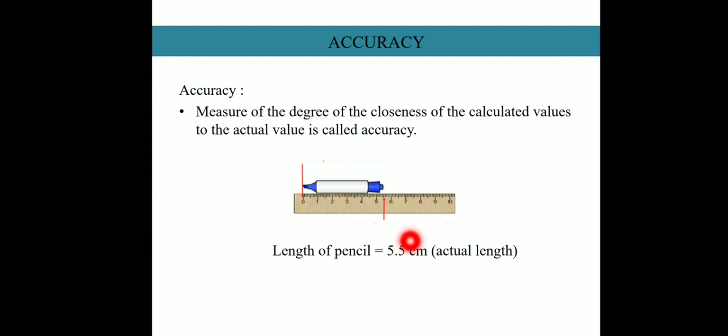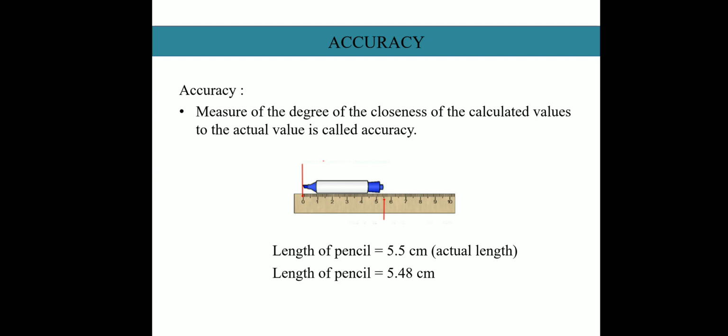Okay, so already many people have measured and they found out that the length of the pencil is 5.5 centimeter. Fine, but when we tried to measure it with the help of a scale, we measured the length of the pencil ourselves, and the measured length of the pencil we obtained as 5.48 centimeter.